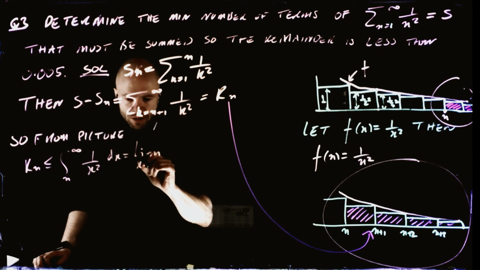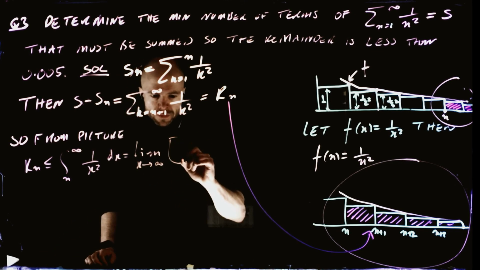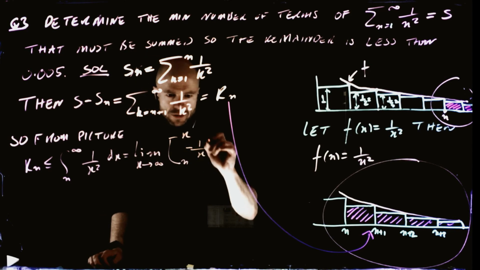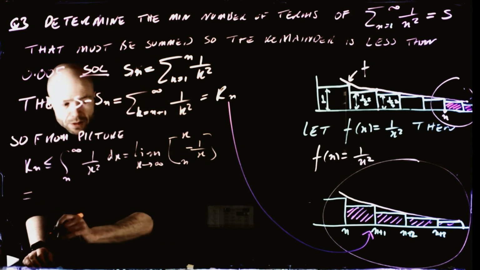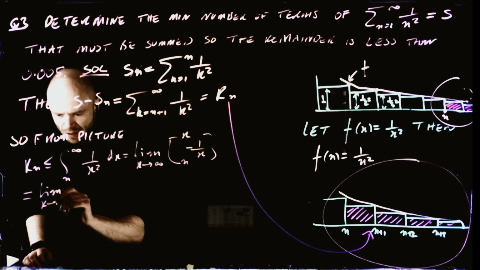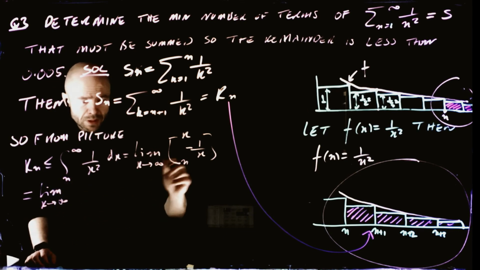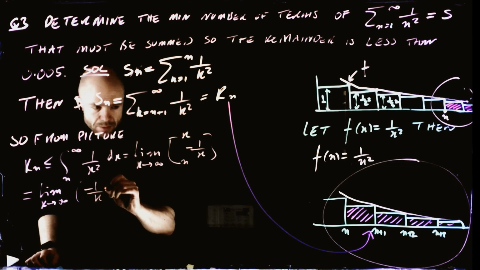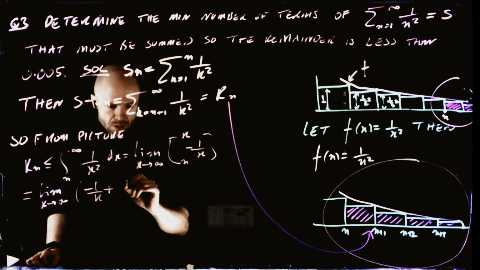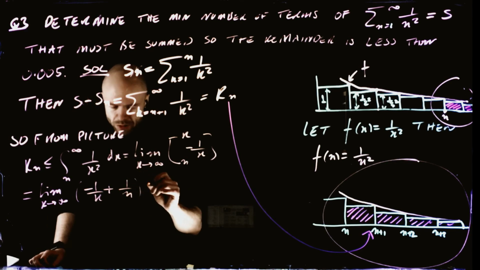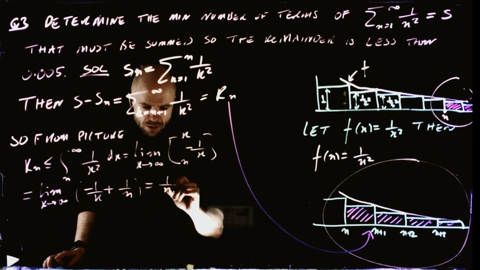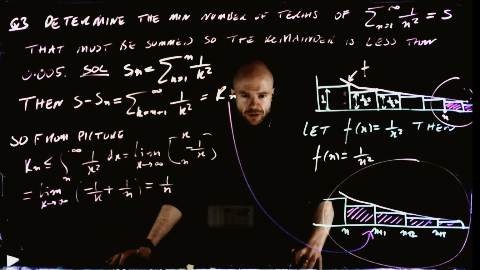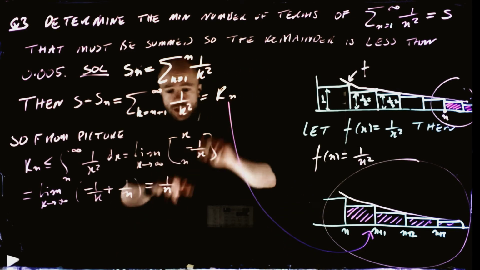It's the limit as r goes to infinity of the integral from n to r, the antiderivative of this thing is minus 1 over x. So this is the limit as r tends to infinity of minus 1 over r, minus minus, which is plus 1 over n. As r goes to infinity, this is just equal to 1 over n. So we can precisely calculate what the area underneath the graph is. So R_n is less than 1 over n.